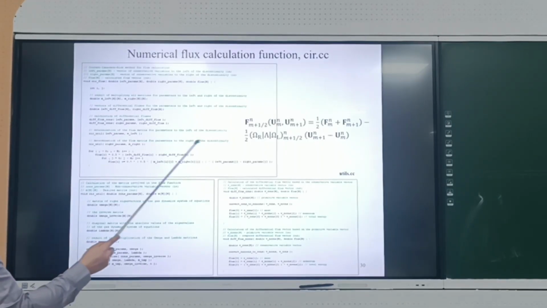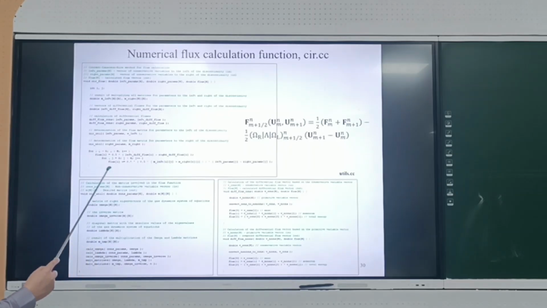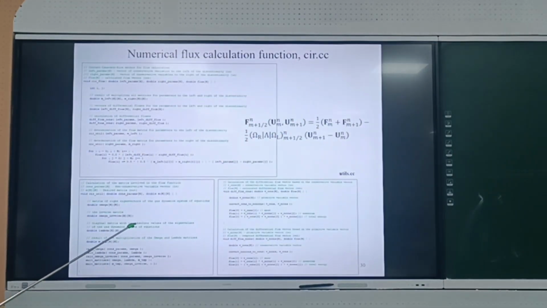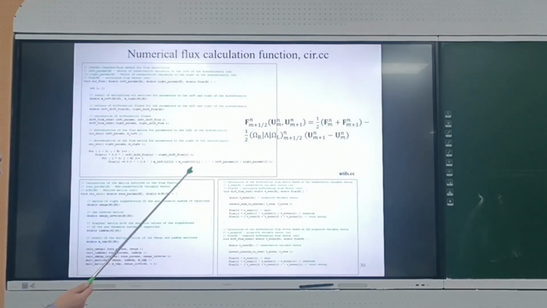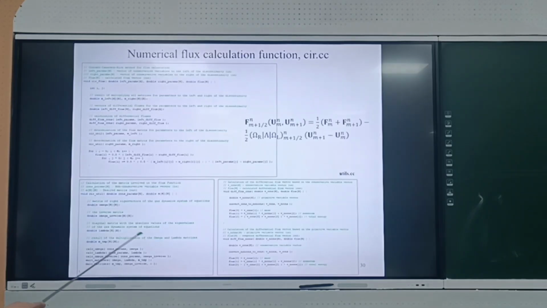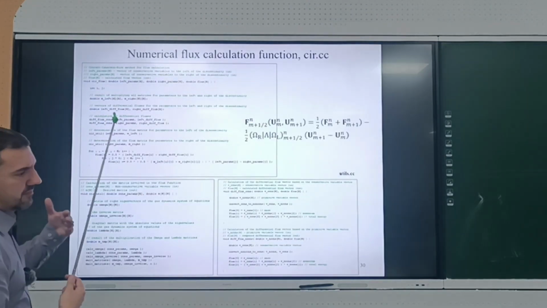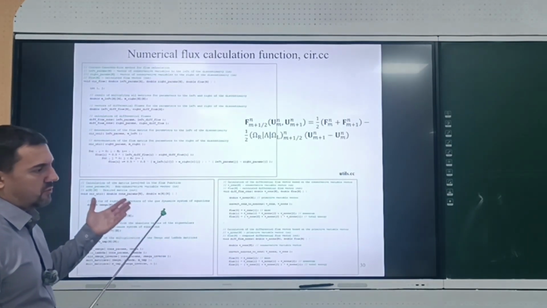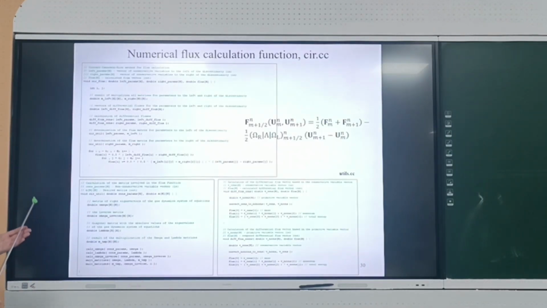Here we compute this matrix, and this is the formula for the flux. So we need to have these matrices here. Here is the multiplication of matrices, and for that we should have some mathematical functions to multiply these matrices.